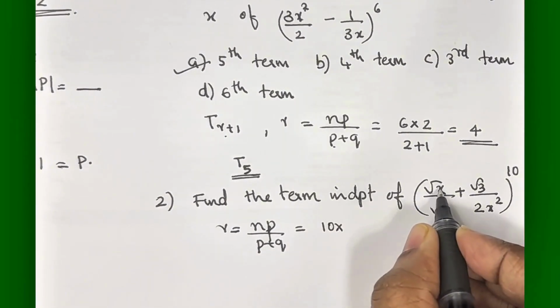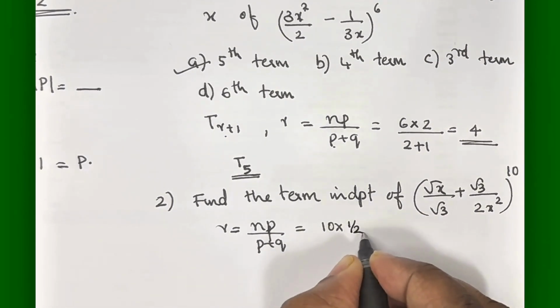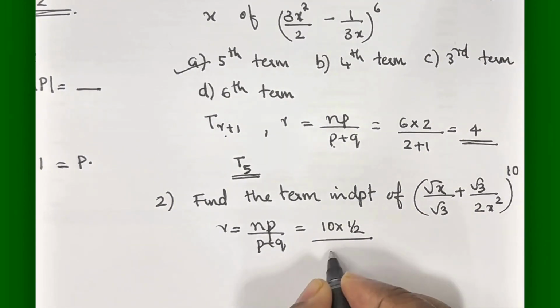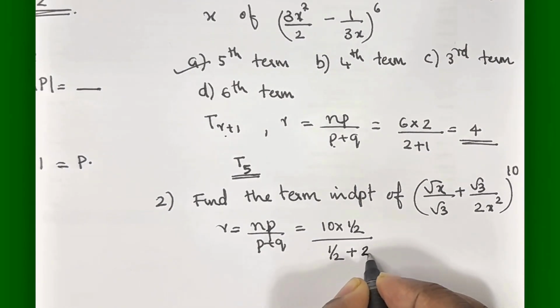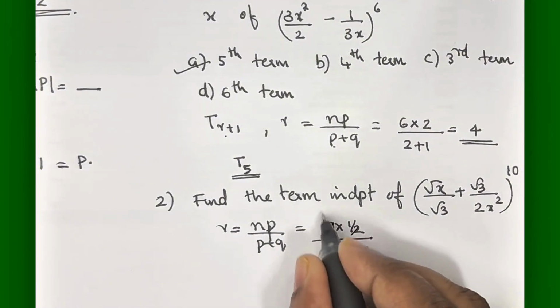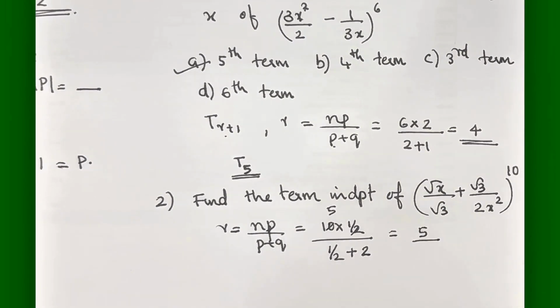Root x can be written as x to the power of 1 by 2. So p is equal to 1 by 2, divided by p plus q. That is 1 by 2 plus the value of q, which is 2 here. Just to simplify, 10 into half is equal to 5. Therefore 5 divided by 2 plus half, which is 2 and a half, that is 5 by 2.